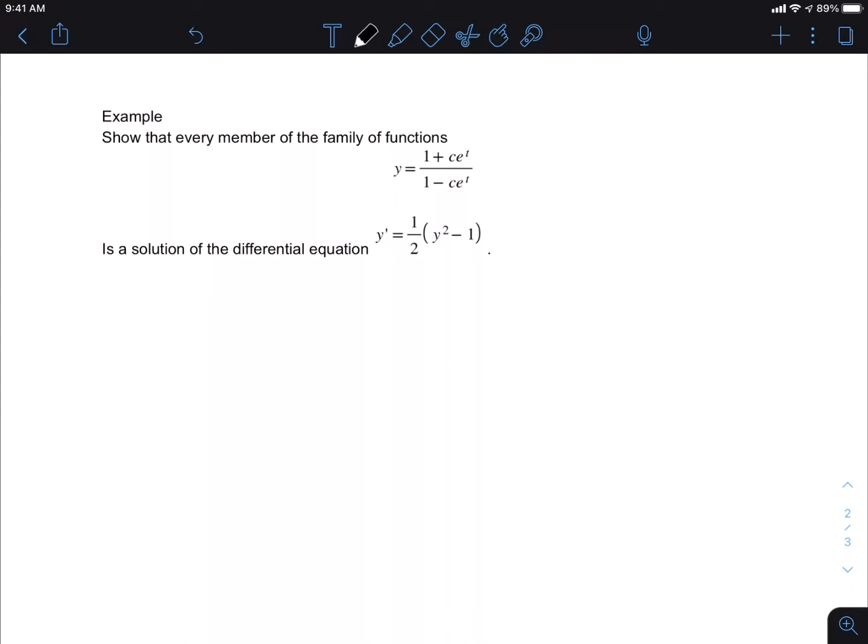Since I have the original function, I'm going to take the derivative of this. And since I'm going to take the derivative of this, what do I need to do? How would I take the derivative?